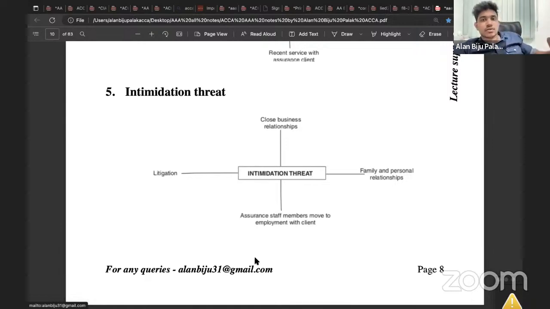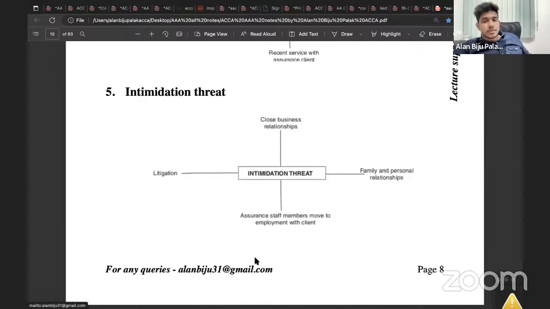If it is just because of the familiarity between two persons, maybe the auditor and the client company CEO are going together for a movie, or the auditor is being invited to the client company's director's son's marriage, in all these cases, it will only result in familiarity threat rather than creating self-interest threat. And also, if a person influences in such a manner that an auditor needs to change the audit opinion due to that wrongful influence, it would result in intimidation threat. So this is how you need to distinguish between intimidation, self-interest, as well as familiarity threat.